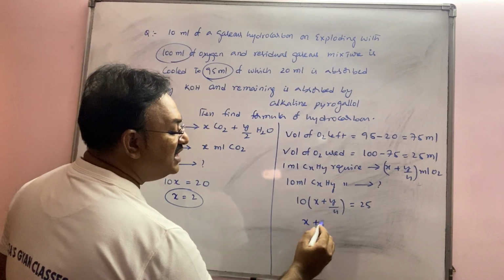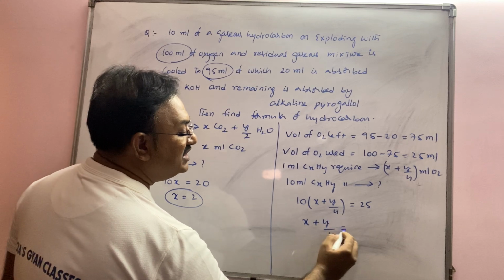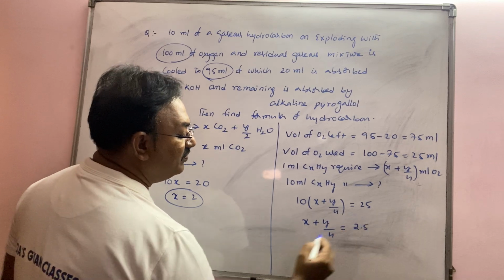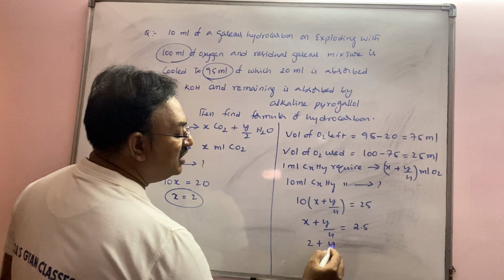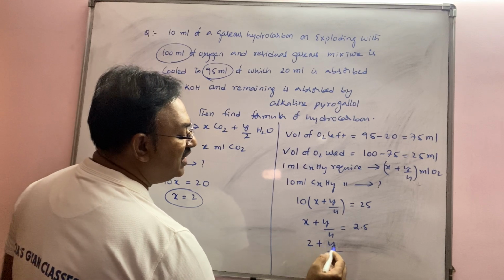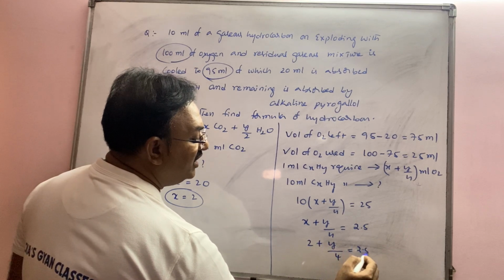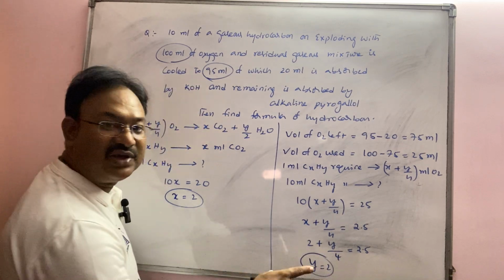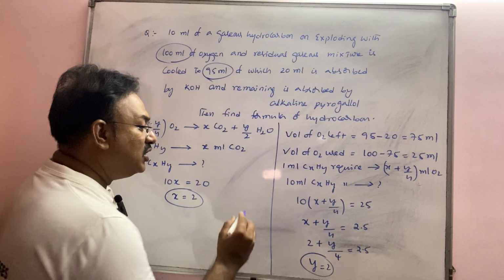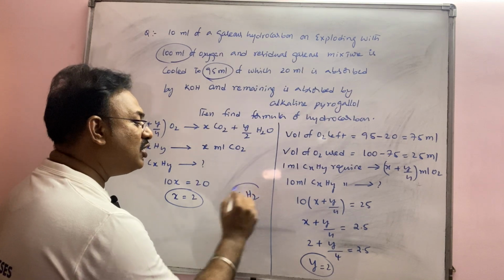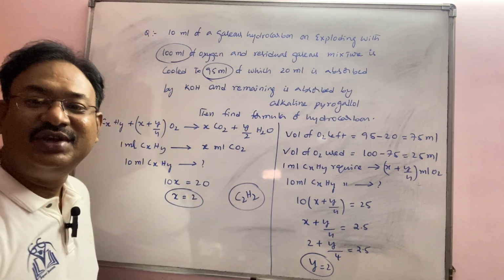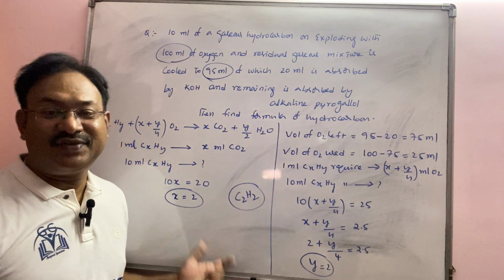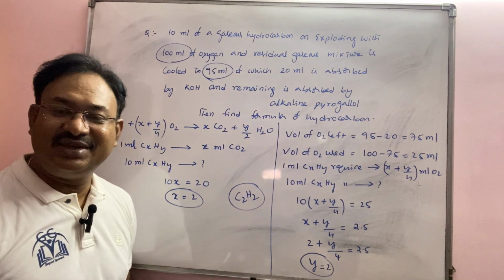Then x plus y by 4 is equal to 2.5. Substitute the x value: x is 2, so 2 plus y by 4 is equal to 2.5. By solving this, you get y equal to 2. So the final answer is C2H2. So this is the answer for the first question. It is a stoichiometry based question.